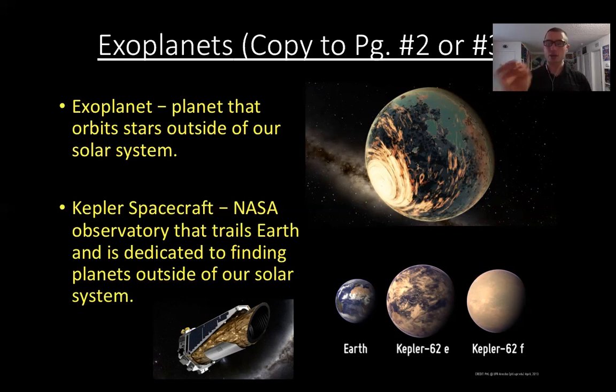So they see the brightness from that star, and they look at when the brightness gets a little more dim. This telescope is so strong and extraordinary. It scans that planet as it goes in front of its star, and it's going to measure how far it is, or whether it's potentially in the Goldilocks zone of its own solar system. So it's really just trying to look for other Earth-like planets. Pretty amazing, incredible stuff. So we need to know exoplanet, and you got to know the Kepler spacecraft, right?